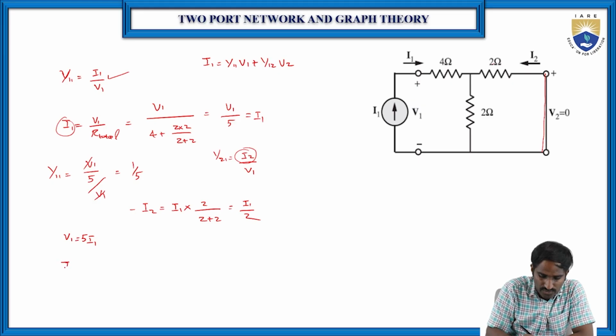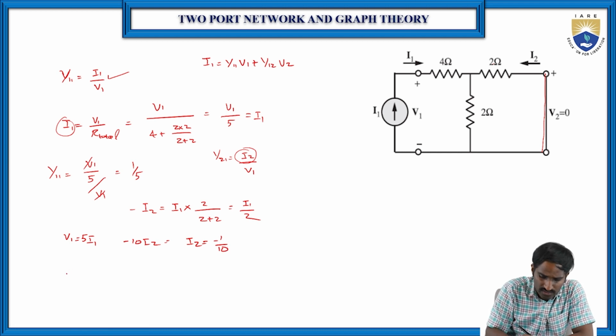Then you will get V1 is equal to 10 minus 10 into I2, which means I2 is equal to minus V1 by 10.